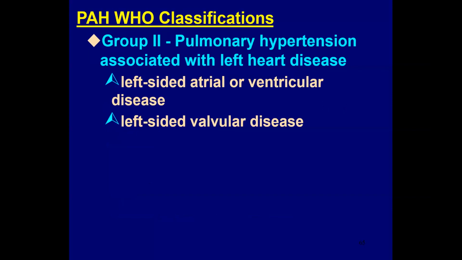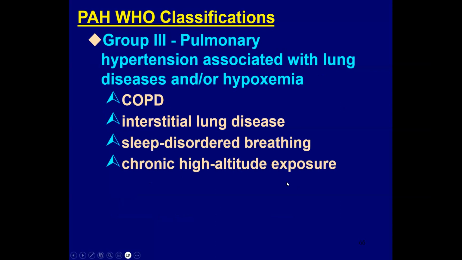Big case. Then there's group two. This is pulmonary hypertension associated with left heart disease, left-sided atrial or ventricular disease, left-sided valvular disease. Then group three, pulmonary hypertension associated with lung diseases and or hypoxemia.